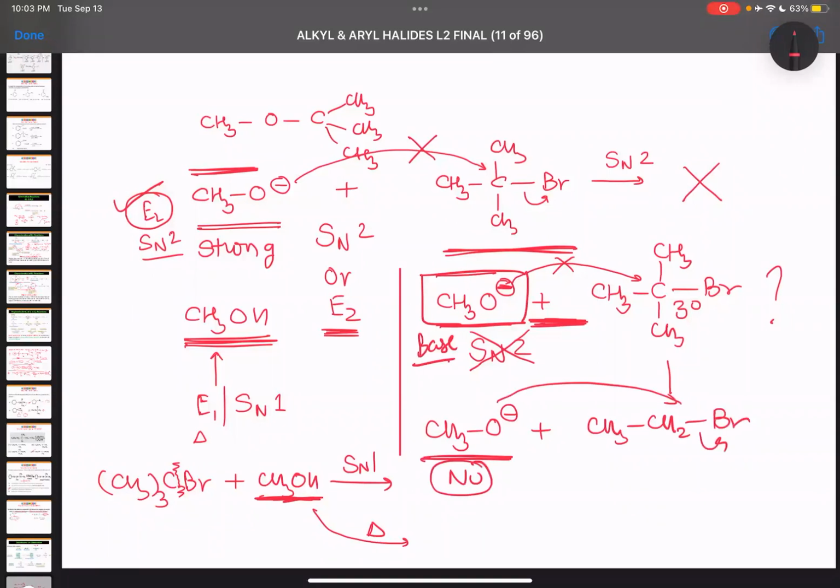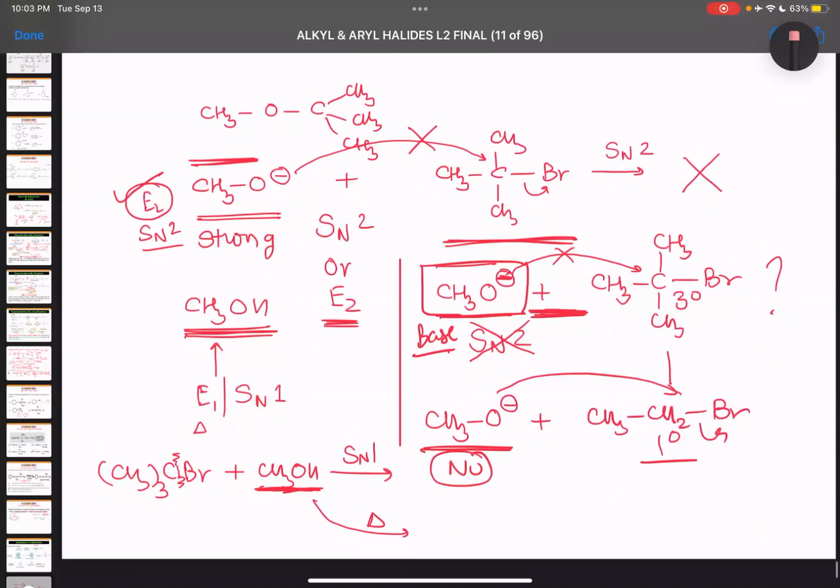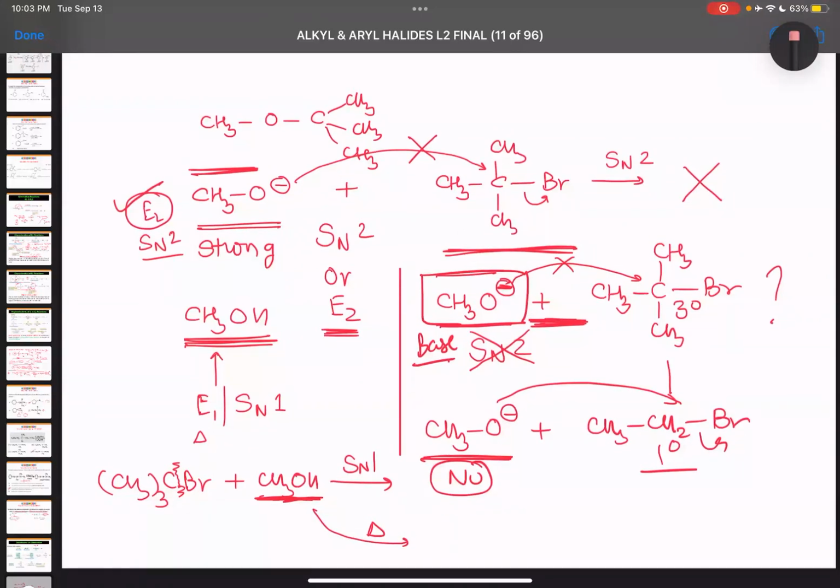Is it clear? Why can SN2 happen very quickly? Because there is no steric hindrance. Yes, it is a very small molecule. No steric hindrance, so SN2 can happen. So it will be CH3CH2OCH3.